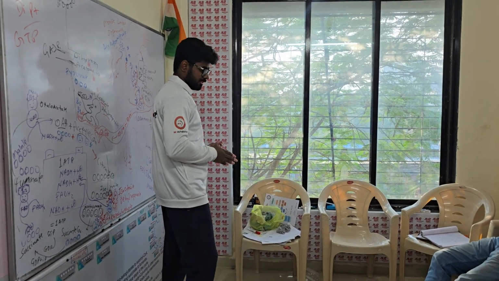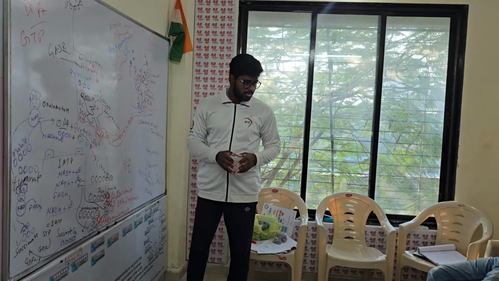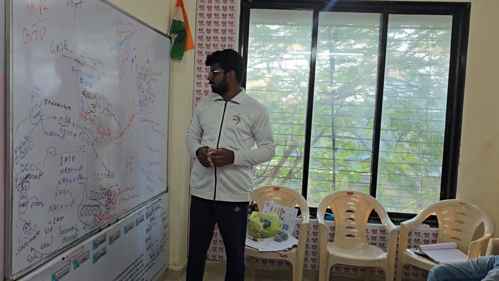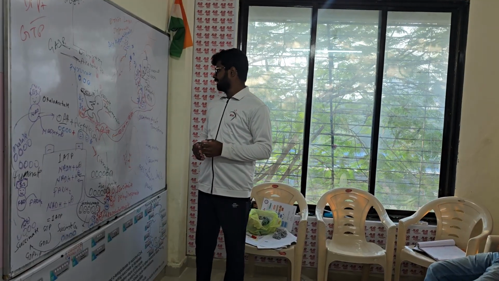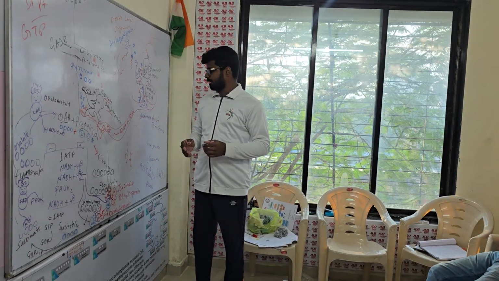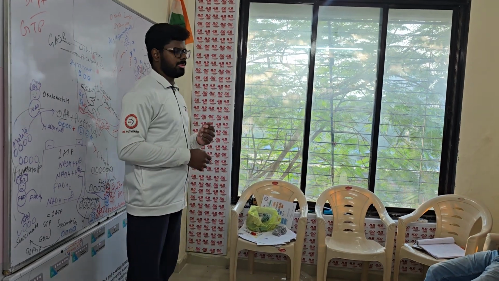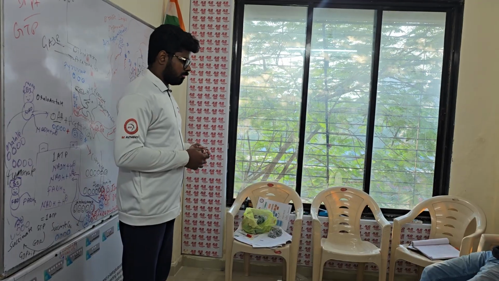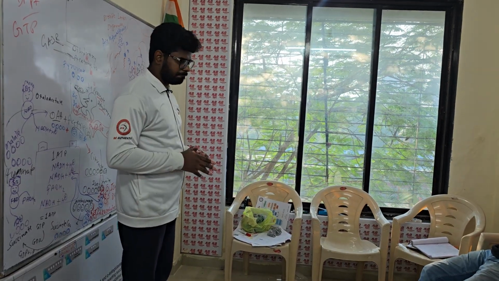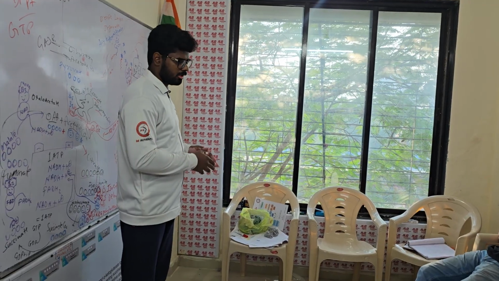In beta oxidation, three products will be evolved. Before we go to NADH plus H plus, we have to remember 2 points. Vitamin B3 is known as NAD and vitamin B2 is known as FAD.